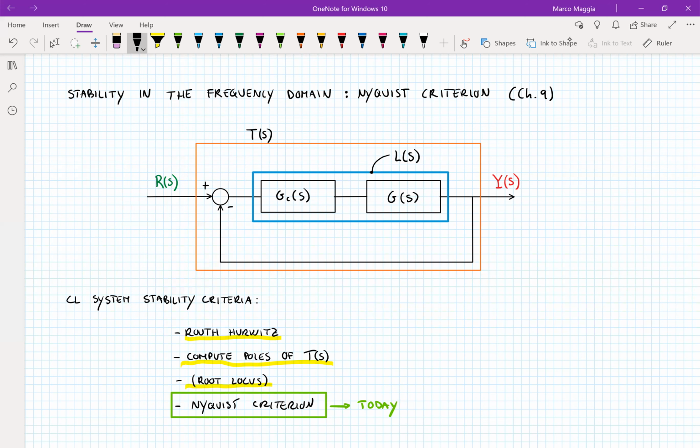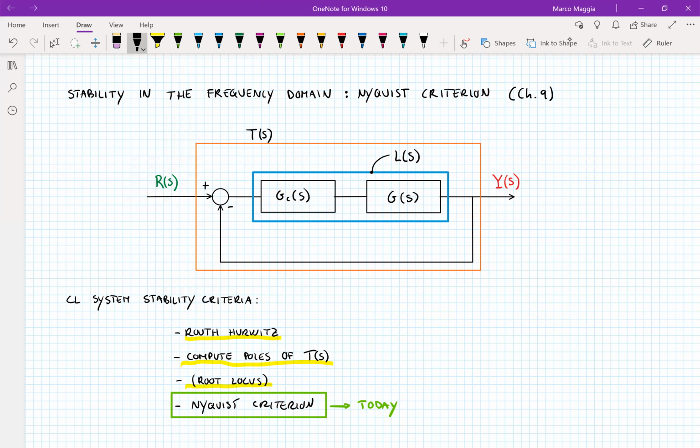But again, we have a limited amount of time, and just drawing of the Nyquist plot alone would take at least a complete lecture, if not 2. So I think it's not really worth it, because the criterion itself, how to use and interpret the plots in order to assess stability, is more important from my point of view.